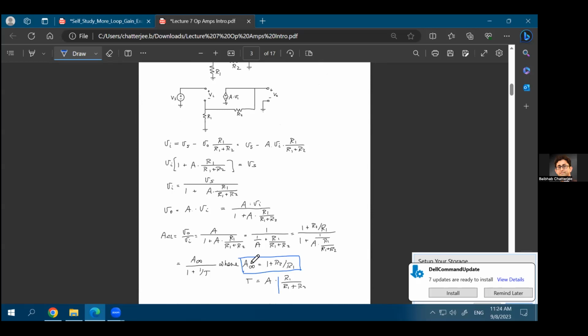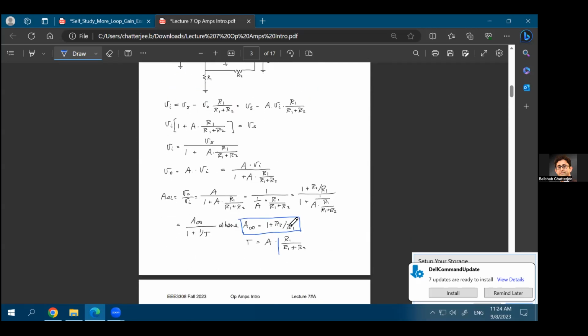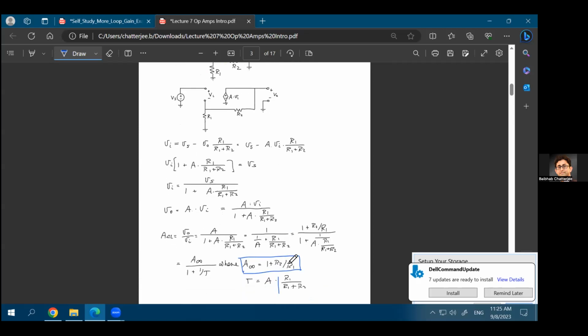So A infinity, which assumes an infinite gain for the op-amp, the overall gain of the system will be 1 plus R2 over R1. Coming back to the question you asked, A infinity is not a definition. A infinity is the gain of the system when the feed-forward path has an infinite gain. The equation can change depending on the circuit. For the non-inverting op-amp configuration, A infinity is 1 plus R2 over R1.